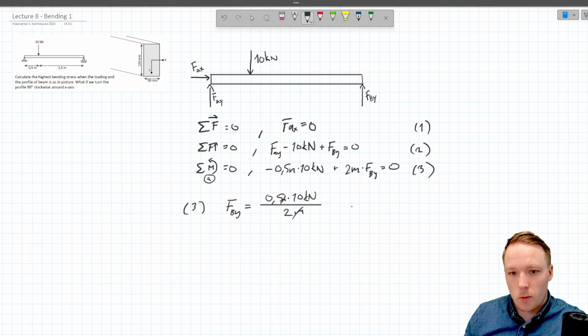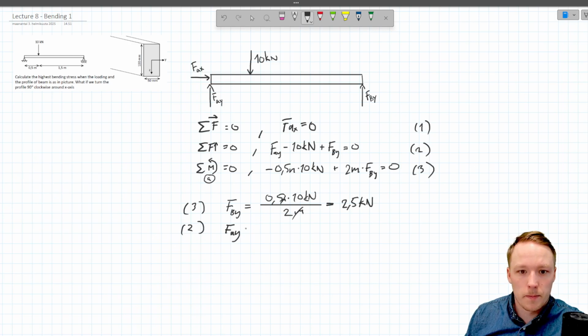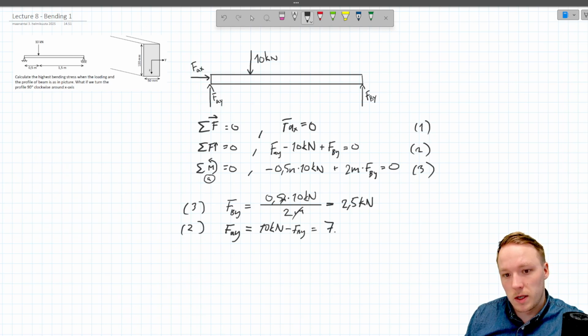Meters get subtracted away, and we see that the FBY has to be 2.5 kilonewtons. And then finally, from equation number 2, we can easily solve that FAY equals 10 kilonewtons minus FBY, which was 2.5, which means that FAY has to be 7.5.